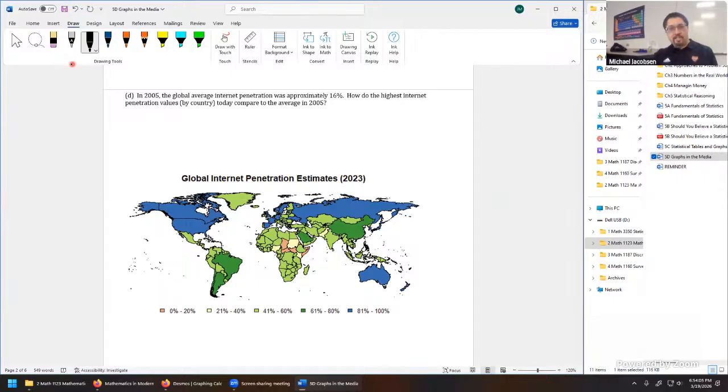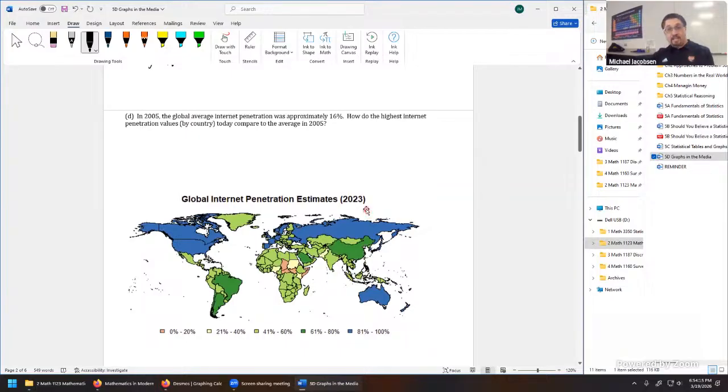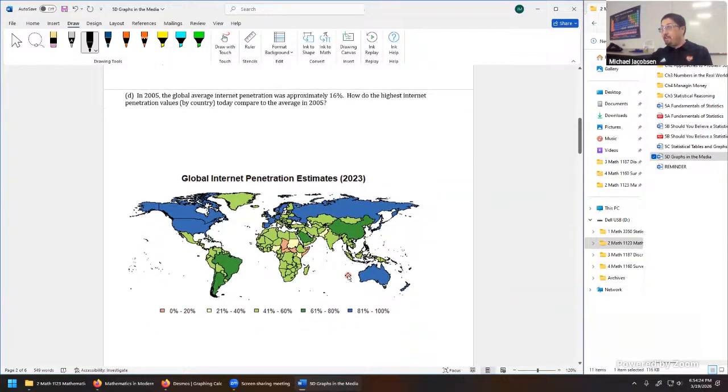One way to answer this question is, imagine that we had not just one graph like this, but an entire slideshow of different graphs, years winding back year by year until we hit 2005, same exact categories, and all these colors are going to change by a lot in some of these countries.